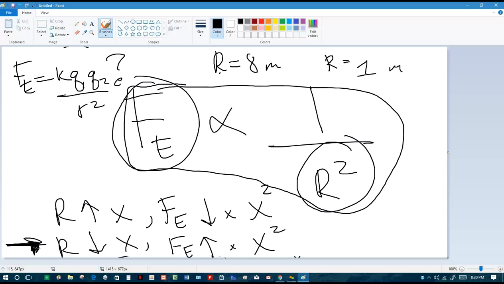You got it. So if they are 8 times closer, that means the distance between them, R, is going down by a factor of 8, which means the electric force is going to go up by a factor of 8 squared, which I heard you say is 64, right? So it's going to be 64 times stronger of a force.